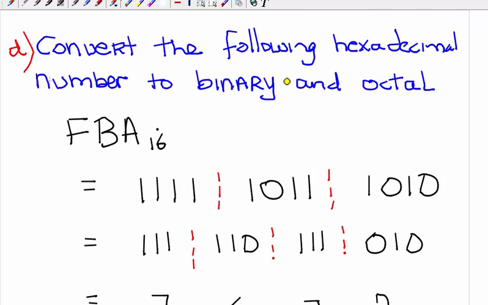And finally, one last one here. Convert the following hexadecimal number to binary and octal: FBA to the base 16. F is 1111, B is 1011, and A is 1010.